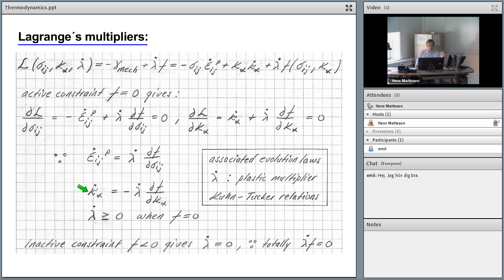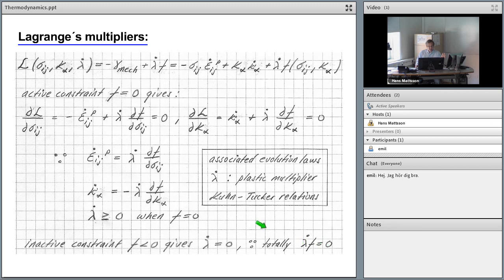But we will also get the Kuhn-Tucker relations from this Lagrange mathematics, because we also get that this Lagrange multiplier times the yield function should be equal to 0. So by this we also get the loading conditions in plasticity.